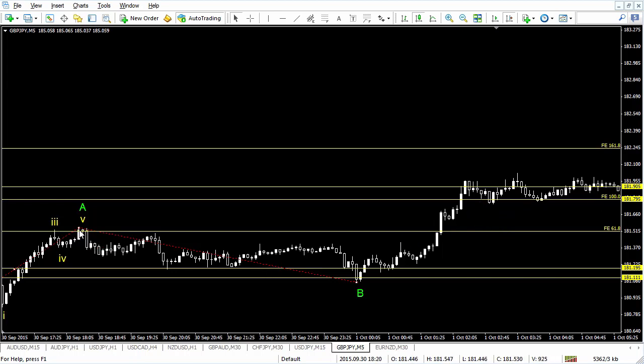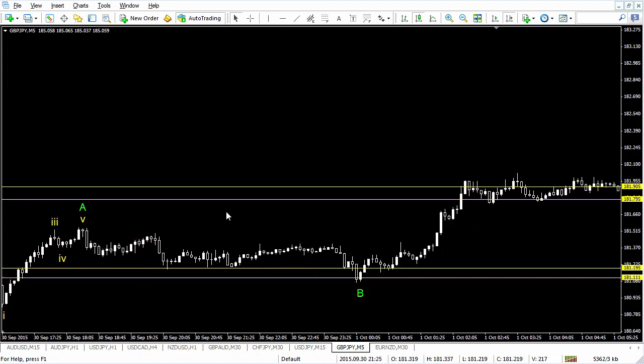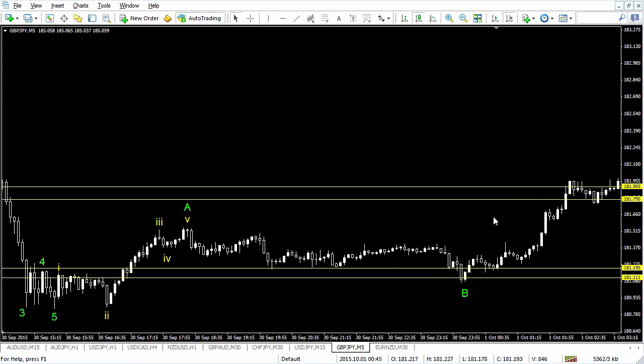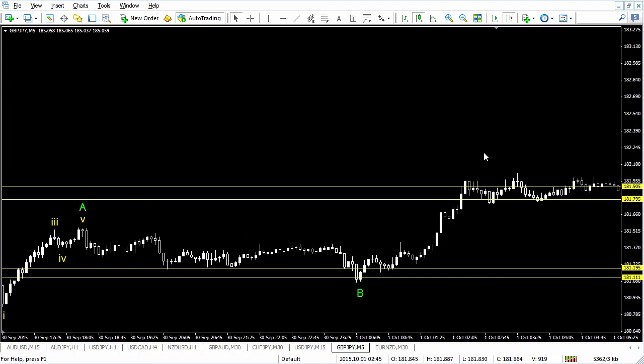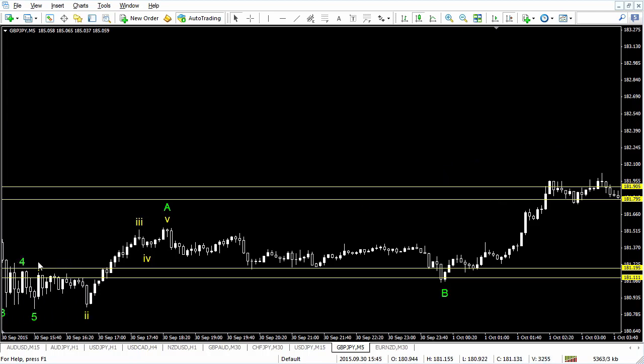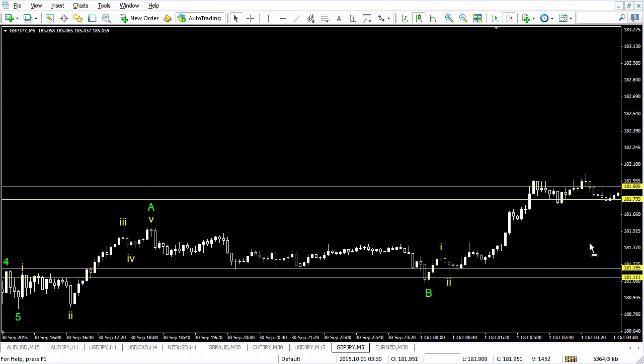Now, if we remove this, what we need to check is how many waves we have in the wave C, because we know we should be able to see 5 waves to the upside. So we go with 1, 2 over here.